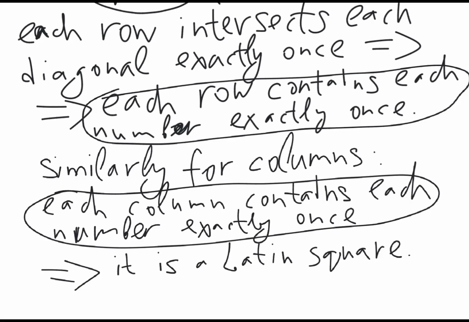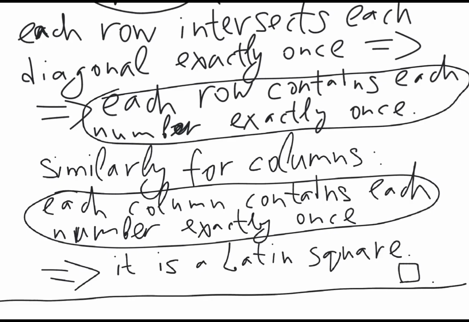This concludes the proof, because we directly constructed a Latin square of an arbitrary order n. So they exist for every n. That's it for this video.